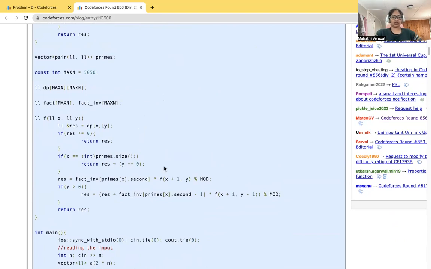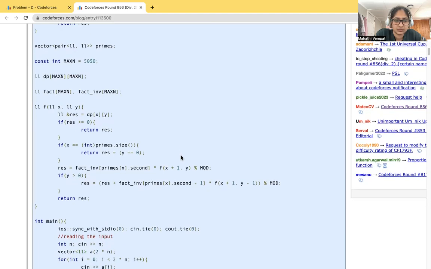What? They're doing a recursive DP. Why are they doing that? Is that easier to think about? I don't know. It seems like it's much easier to do it iteratively.